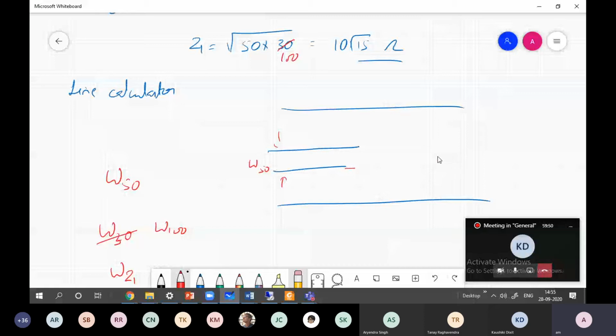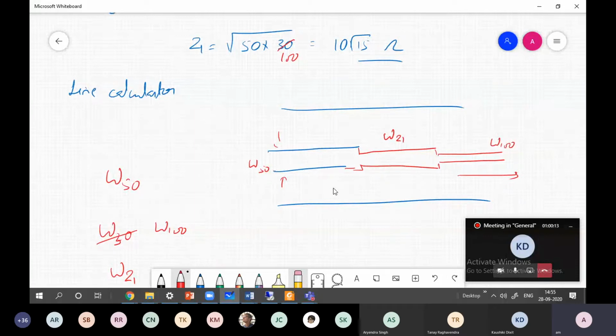So this will be thinner, and since Z1 and this one, this WZ1 will be in between, so you'll have somewhat thinner than this, thicker than this one. This will be W100, this will be WZ1, and the lengths can be any length, no problem, but this length has to be lambda g by 4 at f0.